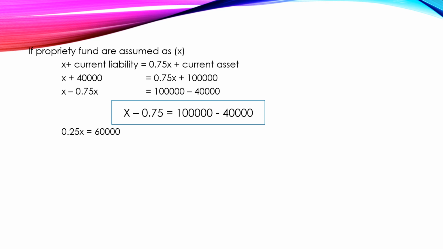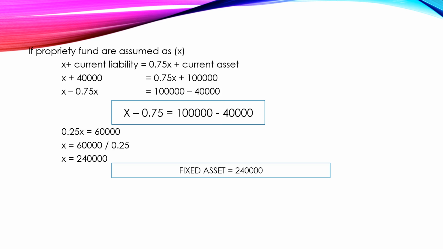Now, 0.25 goes to the right side. X is equal to 60,000 divided by 0.25. Therefore, X is equal to 2,40,000. Hence, fixed asset is equal to 2,40,000.